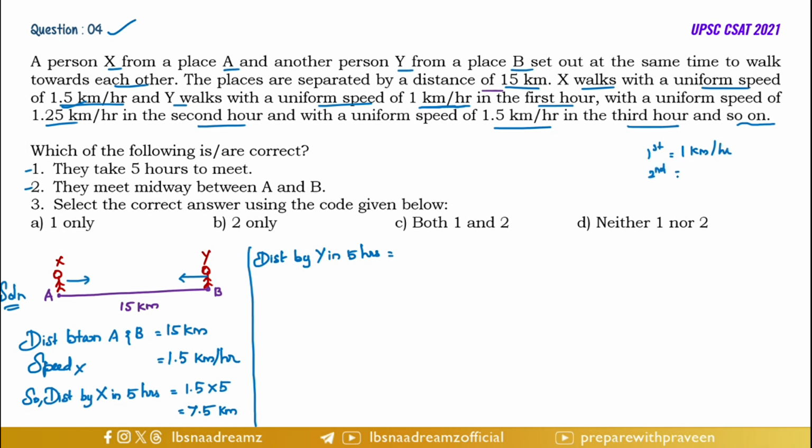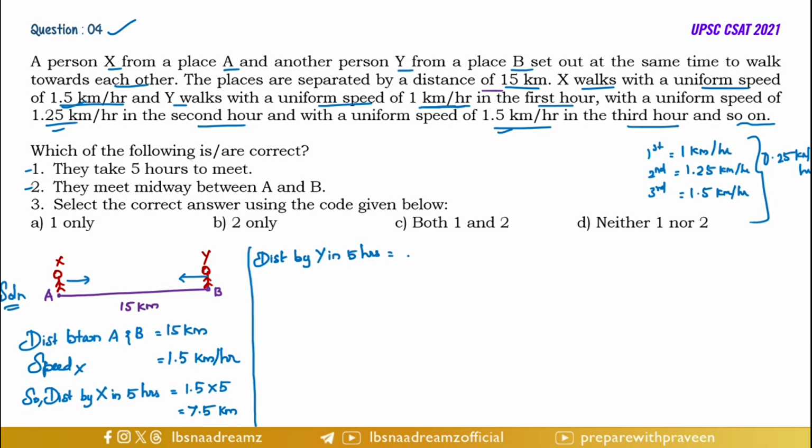In the second hour he is walking 1.25 kilometer per hour, right? In the third hour he is walking with a speed of 1.5 kilometer per hour. So he is increasing his speed by 0.25 kilometer per hour for every hour, right?